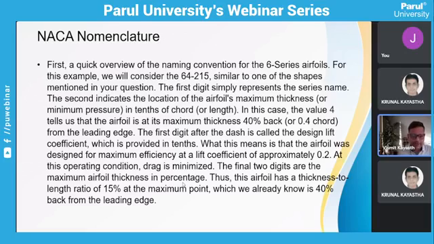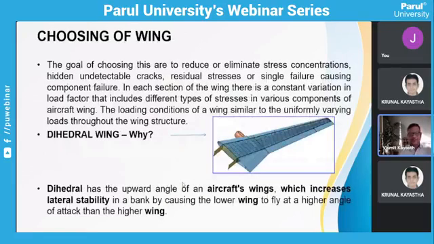The goal of choosing this was to reduce or eliminate the stress concentrations, hidden undetectable cracks or residual stresses that were being configured in multiple other wings that we see. If we use a straight wing that does not have any kind of deflection, it wouldn't have given us the amount of lift that we required to take up any heavy aircraft, or even a passenger aircraft.